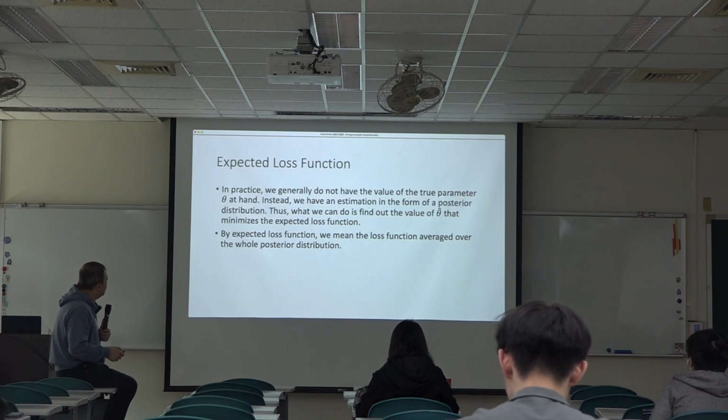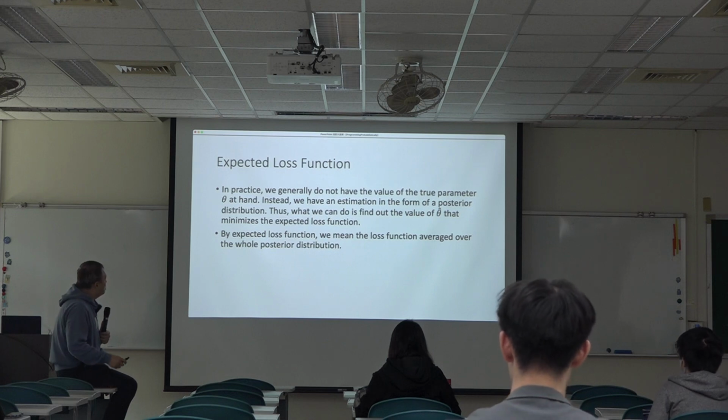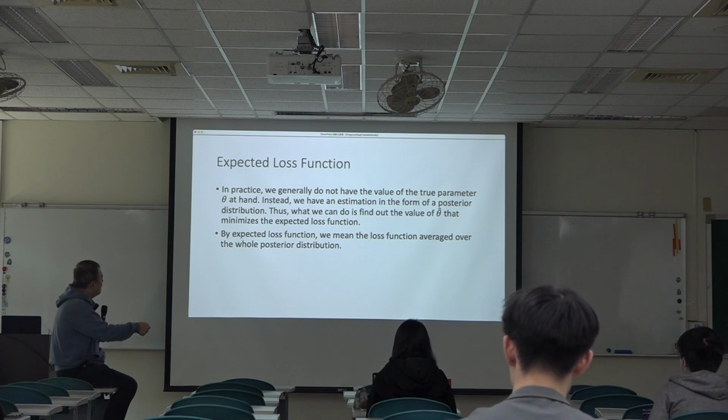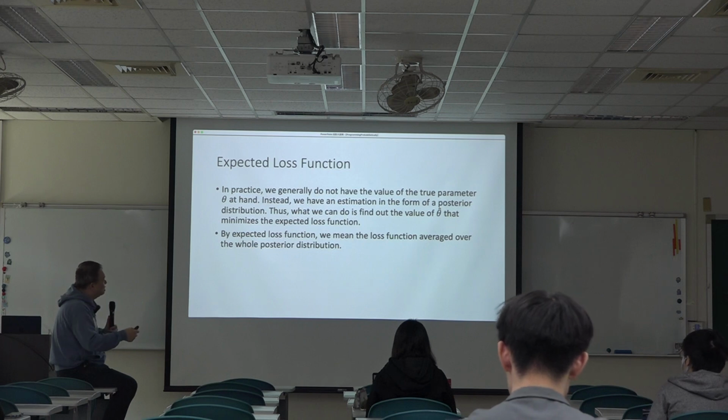In practice, we generally do not have the value of the true parameter theta at hand, because the theta we have is just a posterior distribution, not a real value. So we have an estimation in the form of a posterior distribution, as I said.